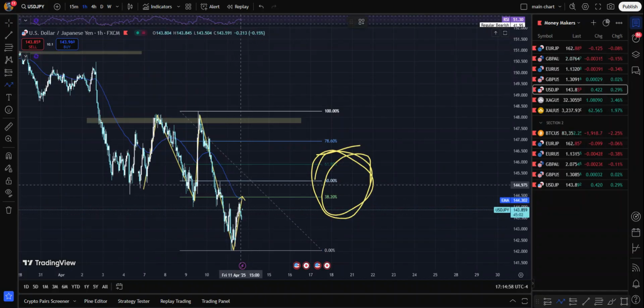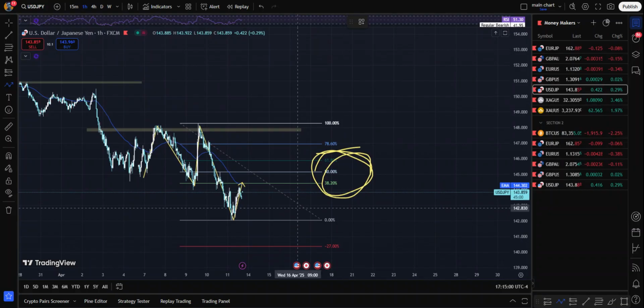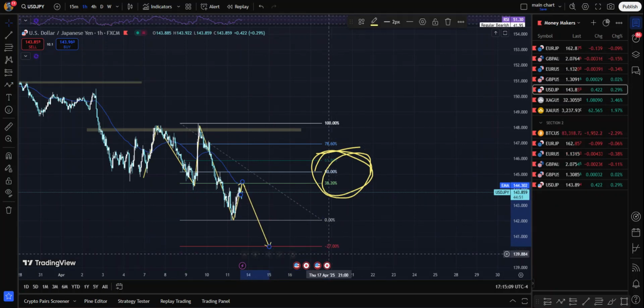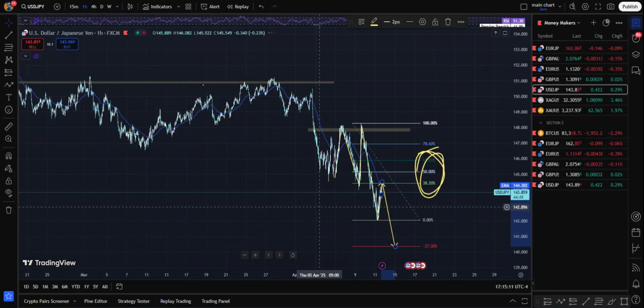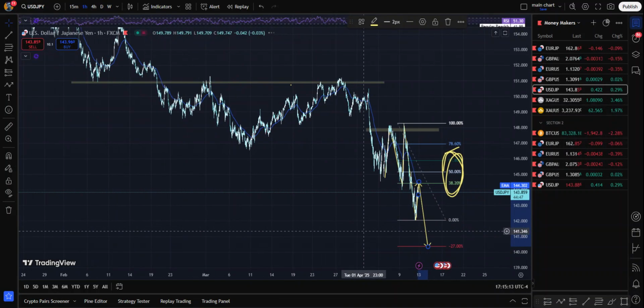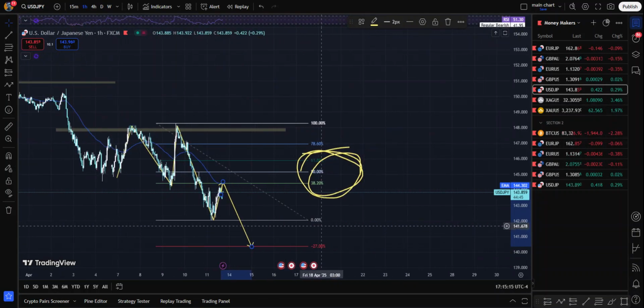My forecast is that it might come here and then go all the way down here to the negative 27 extension, which is a take profit area when you're using the Fibonacci retracement.